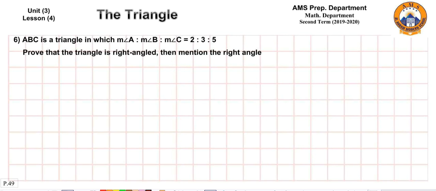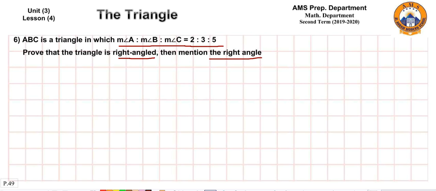In a triangle ABC, measure of angle A to measure of angle B to measure of angle C equals 2 to 3 to 5. Prove that the triangle is right angled, then mention the right angle.